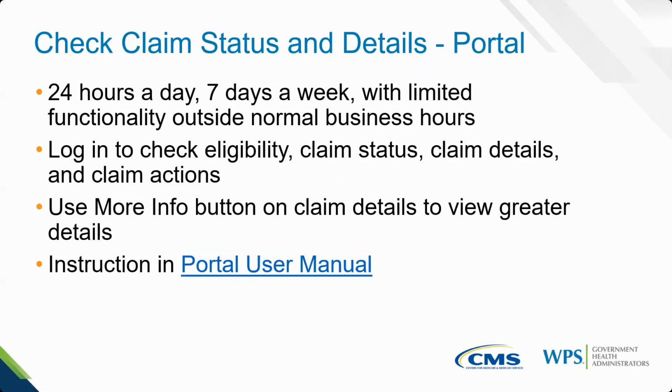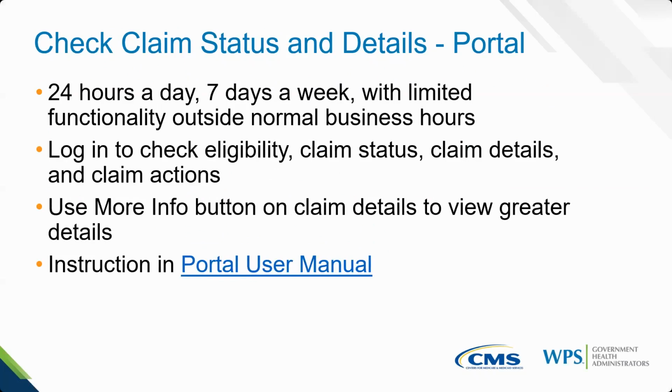You need to register to be a user. Of course, you need to log in order to check eligibility or claim status, details, and claim actions. And this is where I was telling you that if you use this self-service tool or transactional portal, or the portal as we call it, you can actually look at claim details or claim line details.